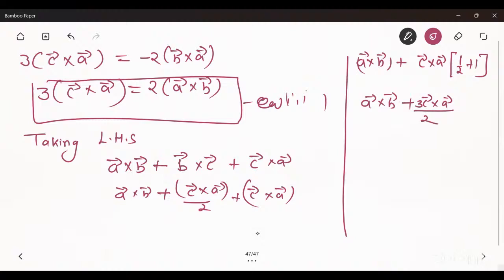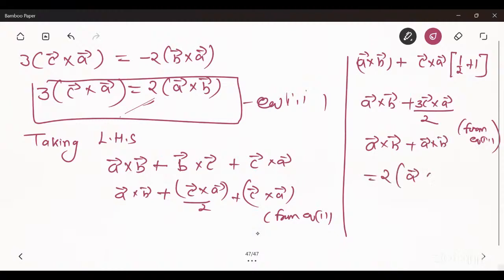Now from equation third, 3C cross A by 2 is equal to A cross B. So A cross B plus A cross B is equal to 2 times A cross B, which is equal to RHS. So this is our question proved.